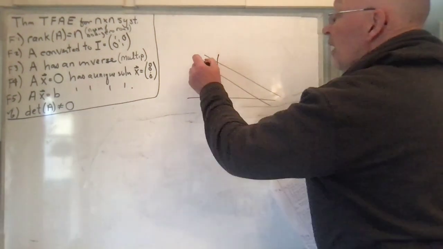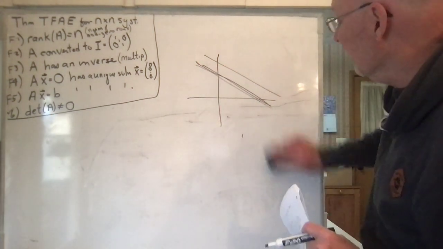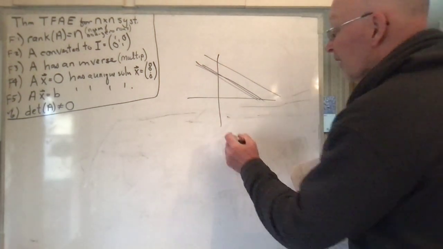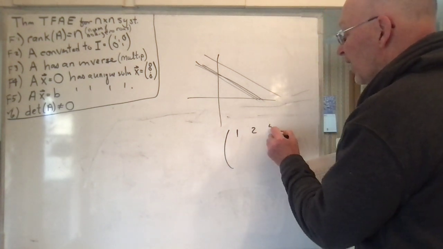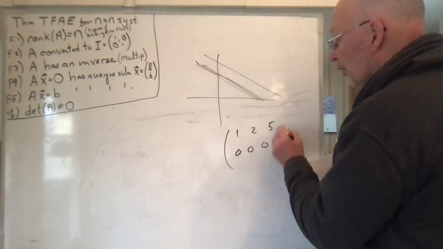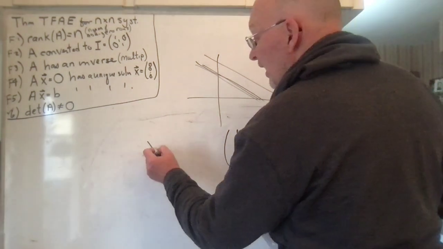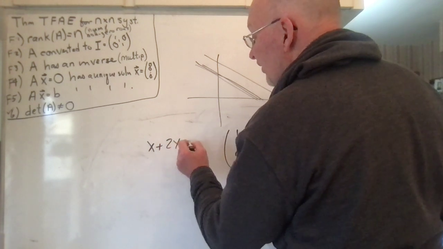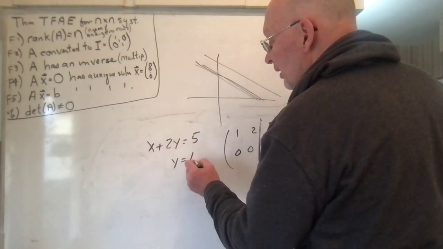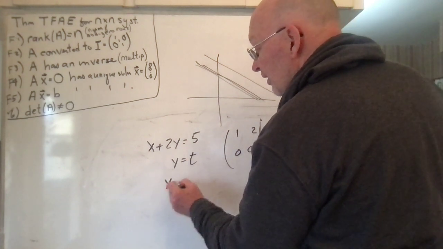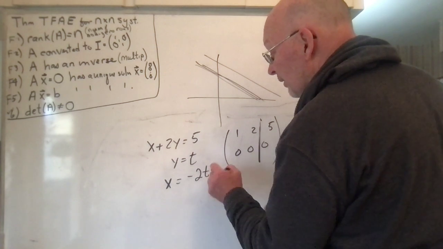Or if you have two lines that are basically right on top of each other, then again you'll get a situation like this, where you'll have something like 1, 2, 5, 0, 0, 0. So now you can do the same thing as before. You say that x plus 2y is equal to 5. So you can let your y be equal to t. And then your x is equal to negative 2t plus 5.